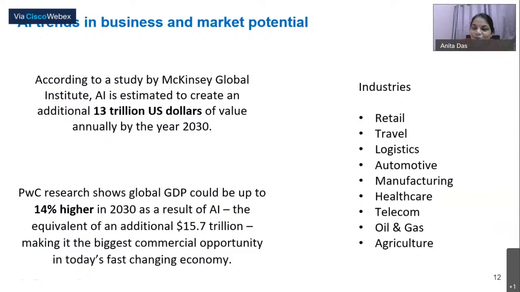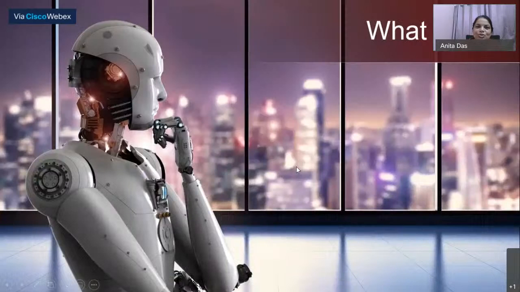He has rightly said that AI is the new electricity for our society. Irrespective of any domain, it will find its application. Okay, so this motivates us to adopt AI. After that, let us get into the second section of my presentation.